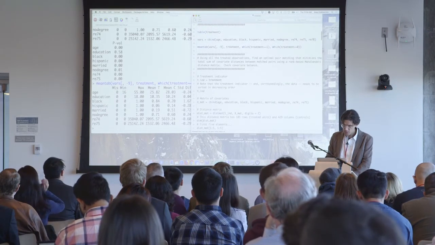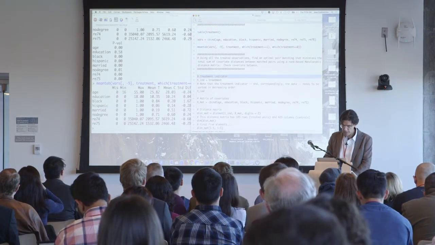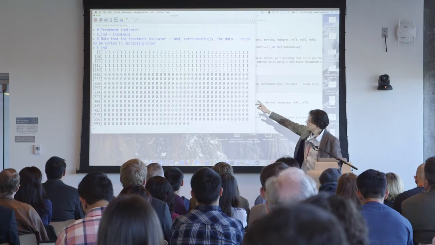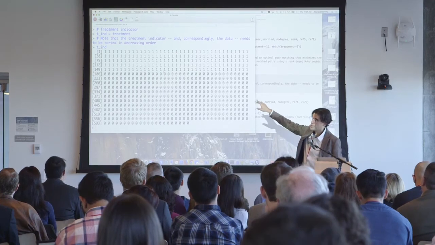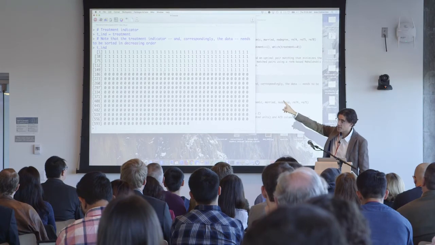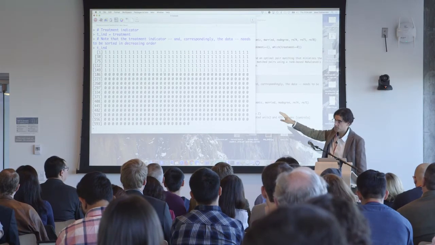For this, what I need to do first is to define the treatment indicator, which looks like this, and we need to sort it in decreasing order to not get errors. So we had 185 treated subjects and 429 controls.